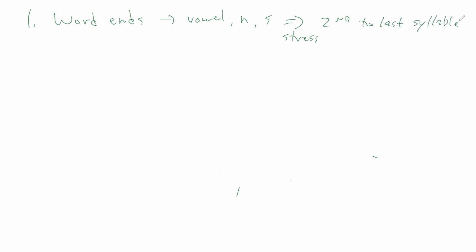Okay, so part one of the rule: if the word ends in a vowel, N, or S, stress is on the second to last syllable. You'll find that most words in Spanish end in a vowel, N, or S, and that's going to be very natural for English speakers to have the stress there.